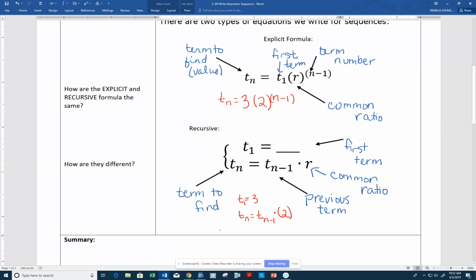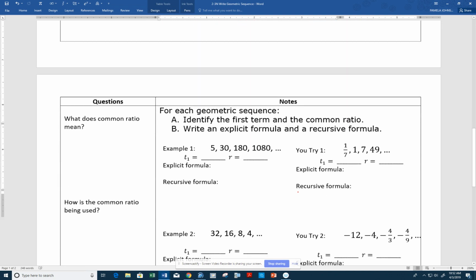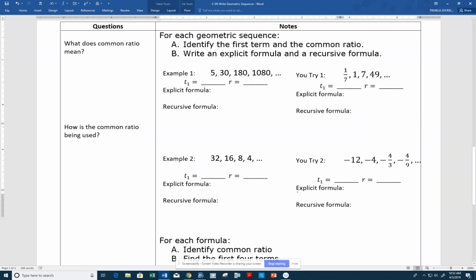If I'm looking for the 8th term, I'll take whatever the 7th term is and multiply by 2. So let's look at some examples on the back. For each of the geometric sequences, we're going to identify the first term and the common ratio. And then we're going to write an explicit and a recursive formula for it.